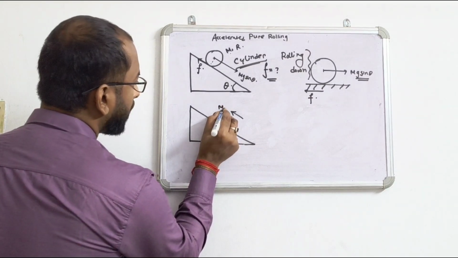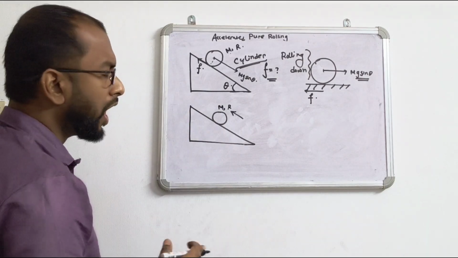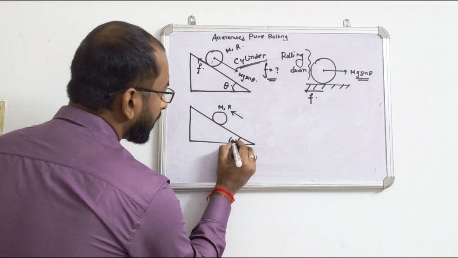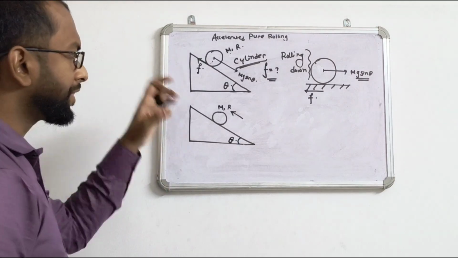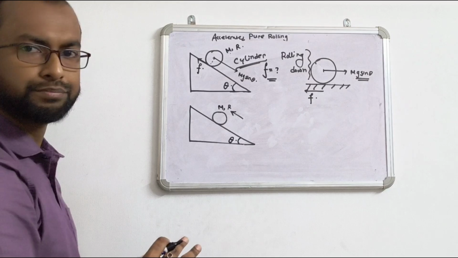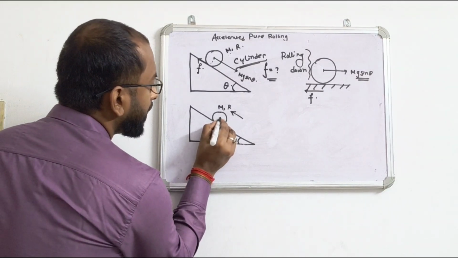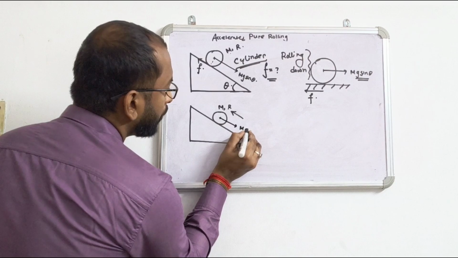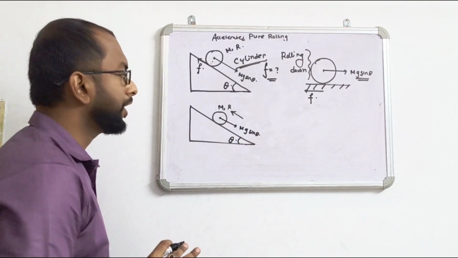Same, M mass, R radius, cylinder, I have thrown it up the inclined plane. Angle of inclination is theta. Let's say it is decelerating upward. Who is providing the deceleration? Of course, the downward component of the weight is providing it the deceleration.